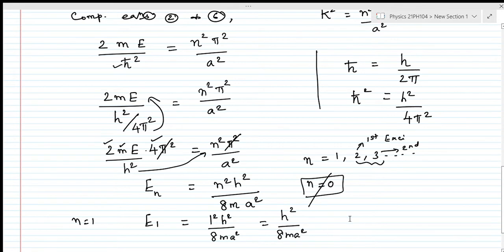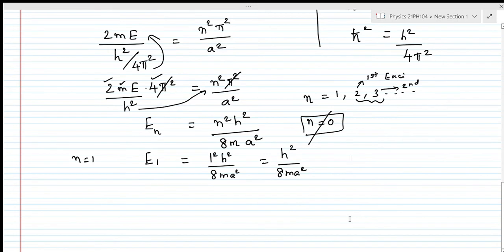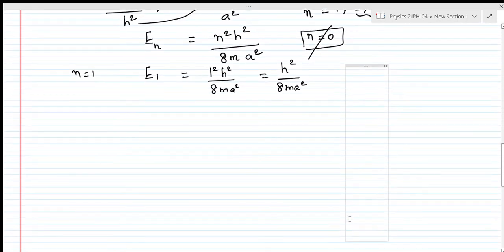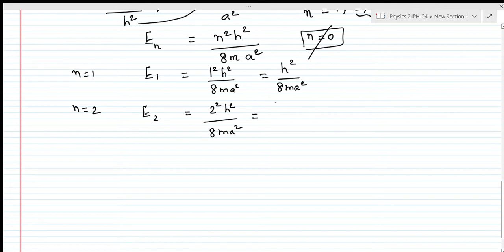Then when n is equal to 2, what will be the value? E2 is equal to 2 square h square divided by 8ma square, that is 4h square divided by 8ma square, which is equal to 4 times E1.